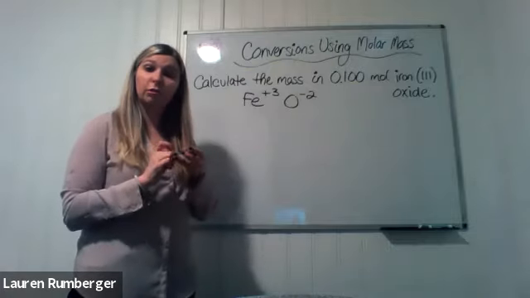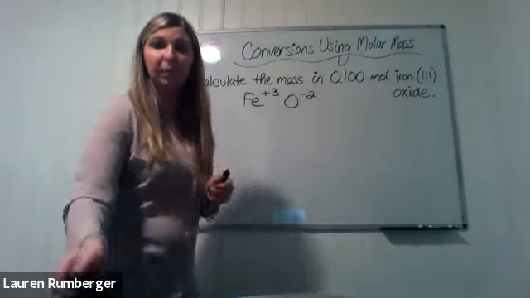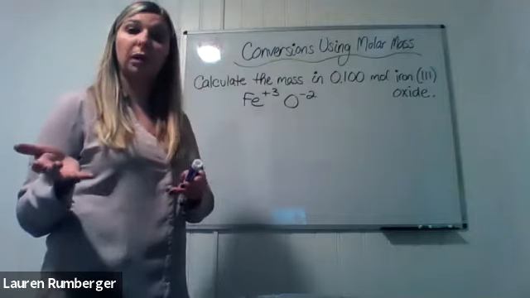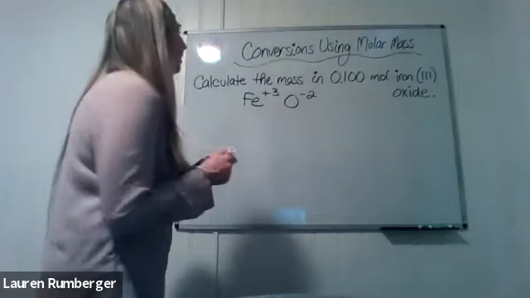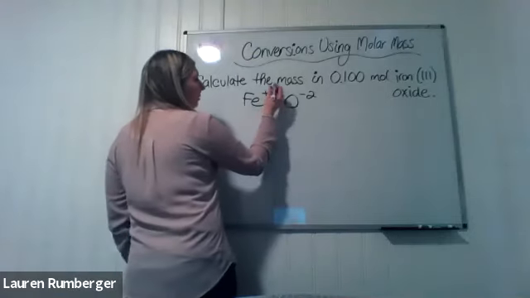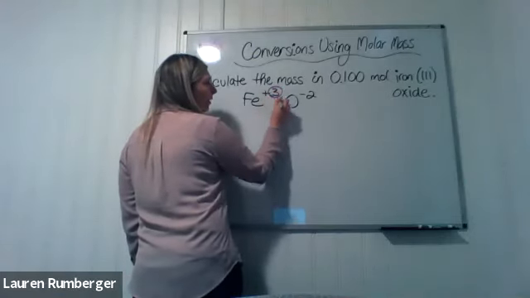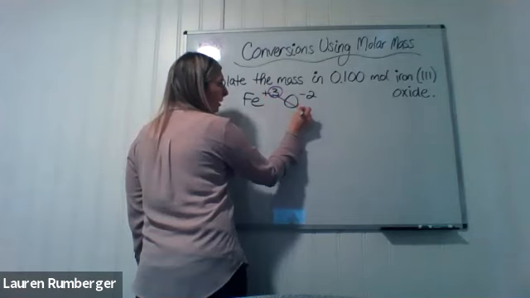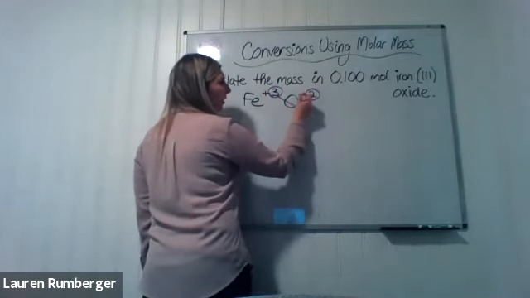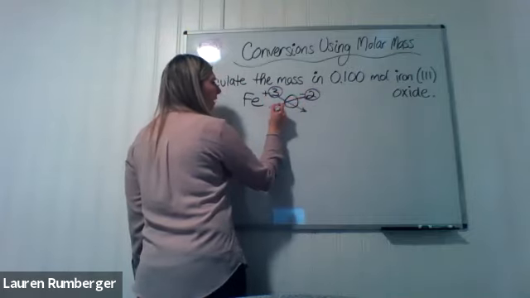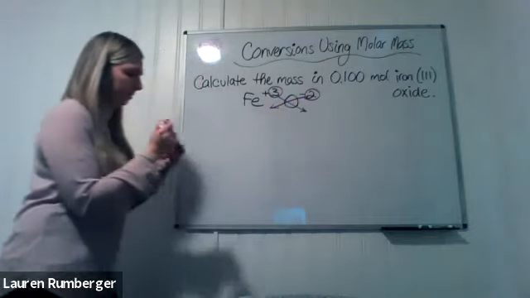So I'm going to show you my crossover method again. And that will show you how we can make this into a balanced chemical formula. So what I'm going to do is take the 3 here, cross this over to become the subscript on the oxygen, take the 2 here, cross this over to become the subscript on the iron.